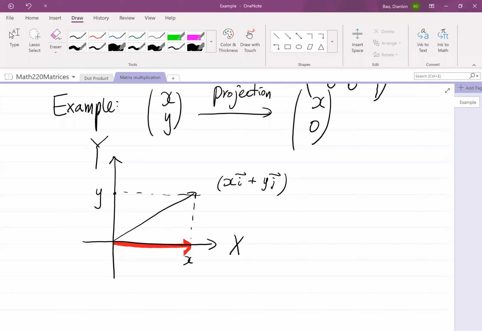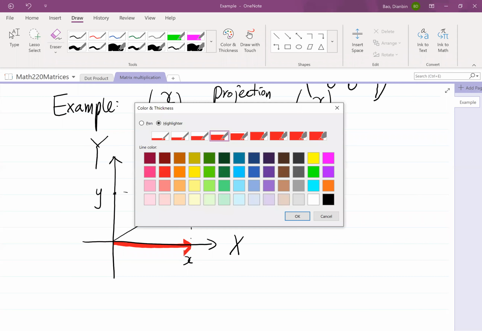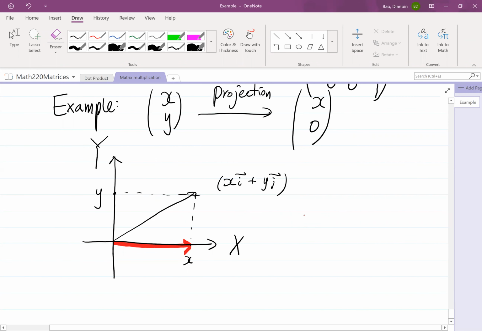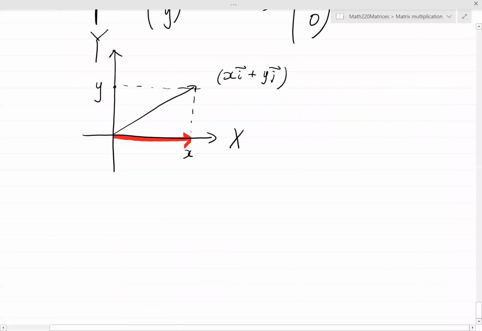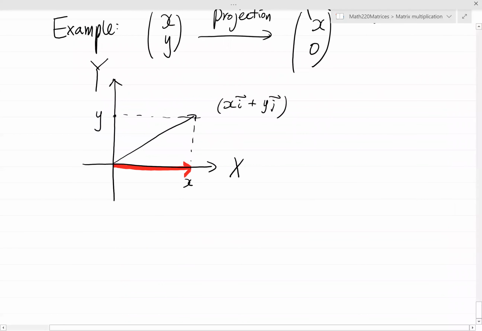So this is why we call it a projection. So what matrix does the projection? What matrix does the projection? So you see, we want P of (X, Y).